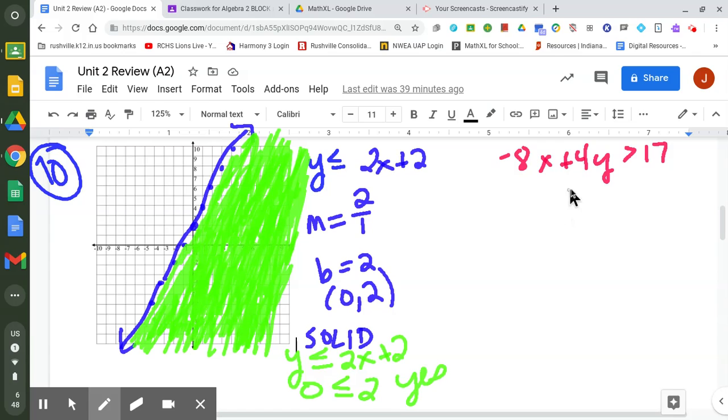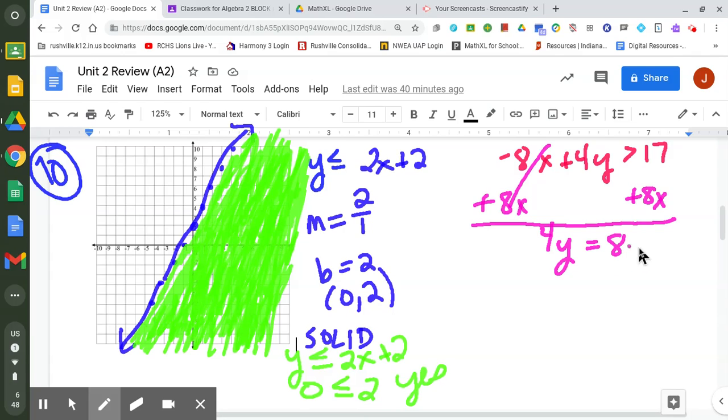So the second inequality, we will solve for y. So plus 8x on both sides. And we'll change this to an equal sign as we work through it, so we don't have to worry about it. So 4y equals positive 8x plus 17.